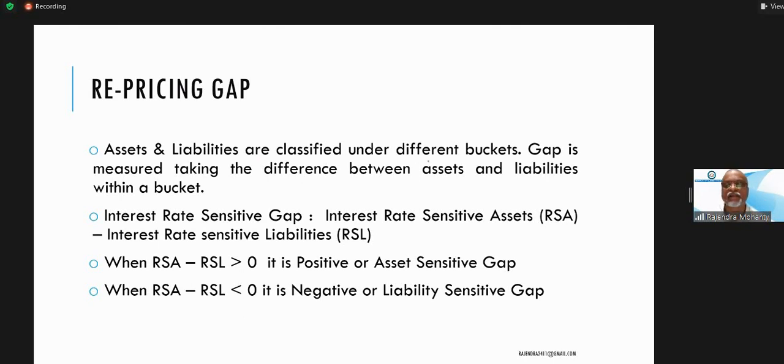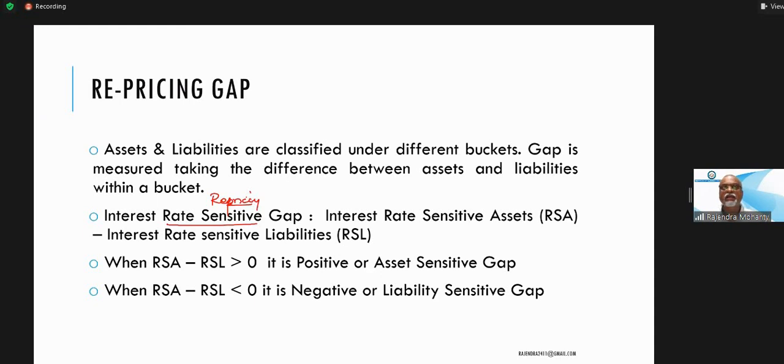Now, assets and liabilities are classified under different buckets according to the 10 bucket system. Gap is measured by taking the difference between assets and liabilities within a bucket. Then you have to find the interest rate sensitive gap, which is also called a repricing gap.